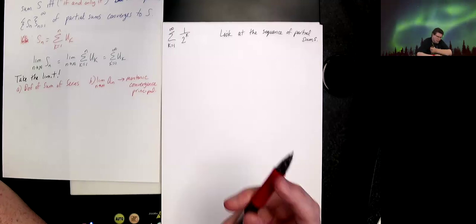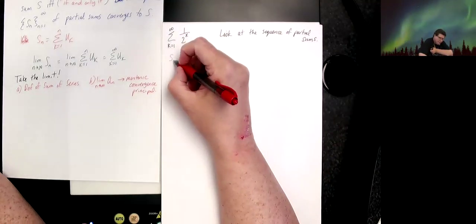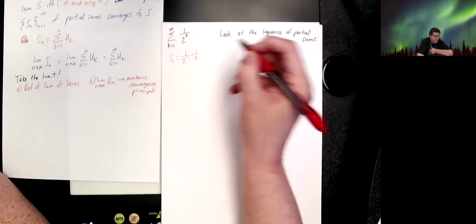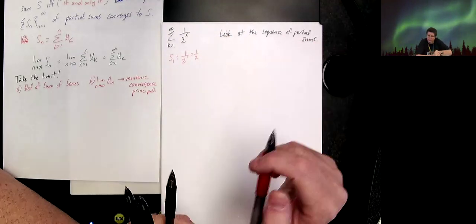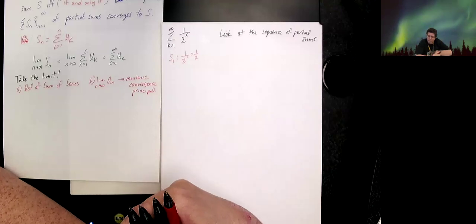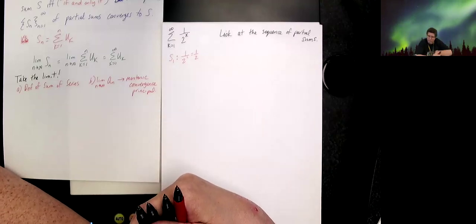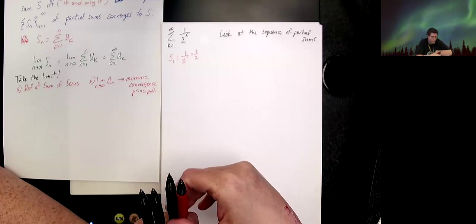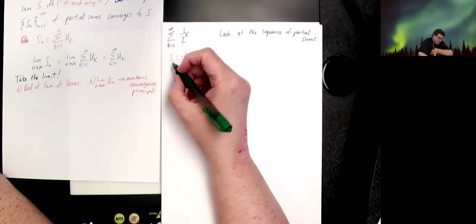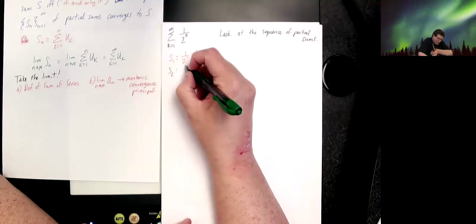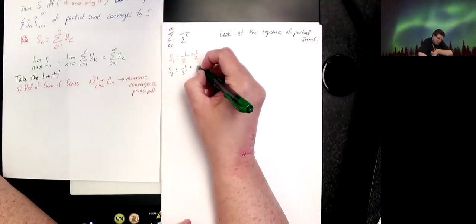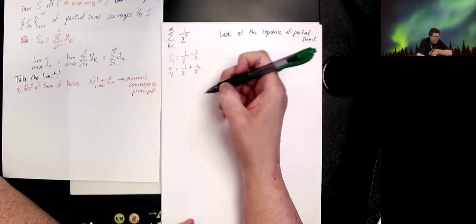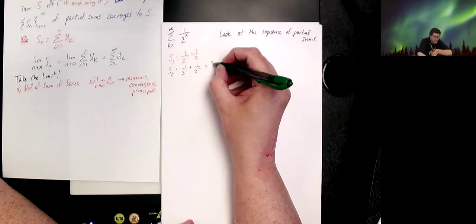So S sub 1 only has one term. It's 1 over 2 to the first power, which is 1/2. S sub 2, 1 over 2 to the first power plus 1 over 2 to the second power. 1/2 plus 1/4 is 3/4.